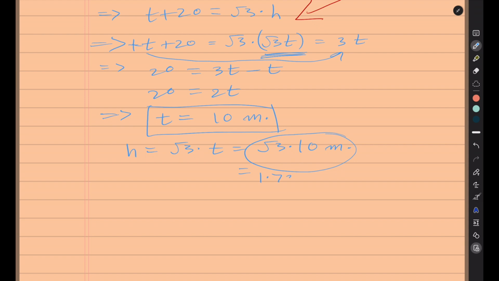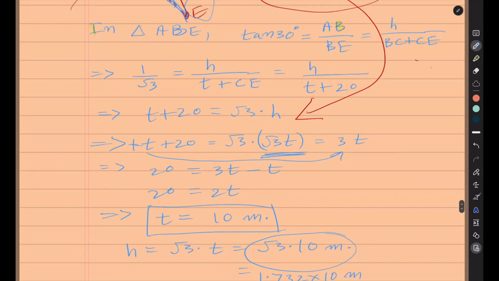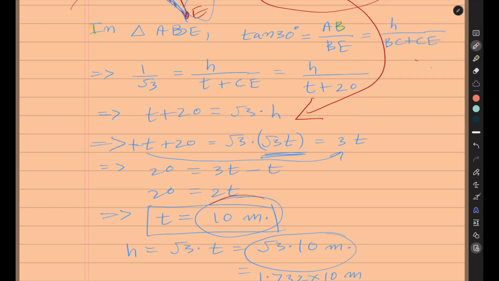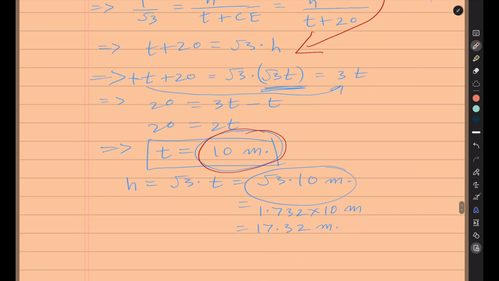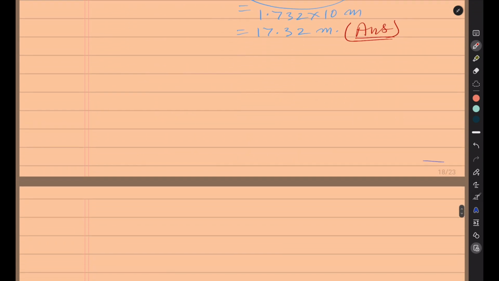Root 3 is 1.732 multiplied by 10 meters. That gives us 17.32 meters. And the width of the canal is 10 meters. So that is the solution of this question.